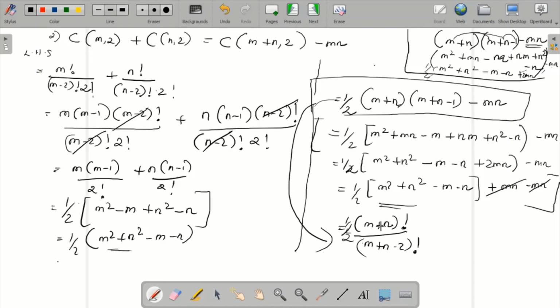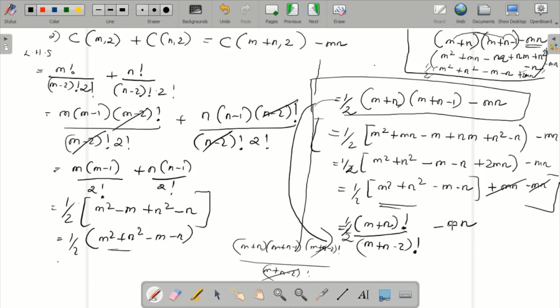What is the meaning? M plus n whole factorial means here you should get only these two terms. That is m plus n into m plus n minus 1 into m plus n minus 2 factorial, and here also m plus n minus 2 factorial, both get cancelled. Back you'll get this itself. So I wrote it in this form, that's it.